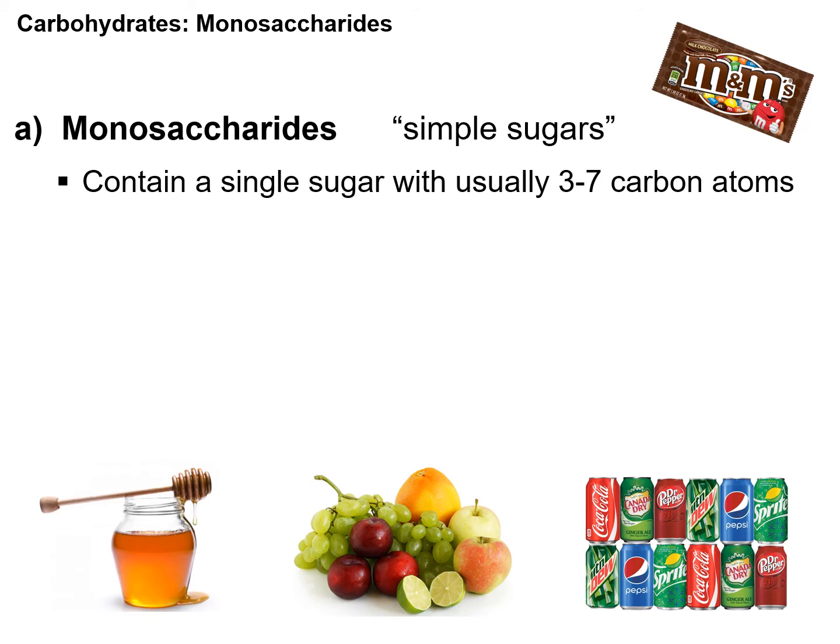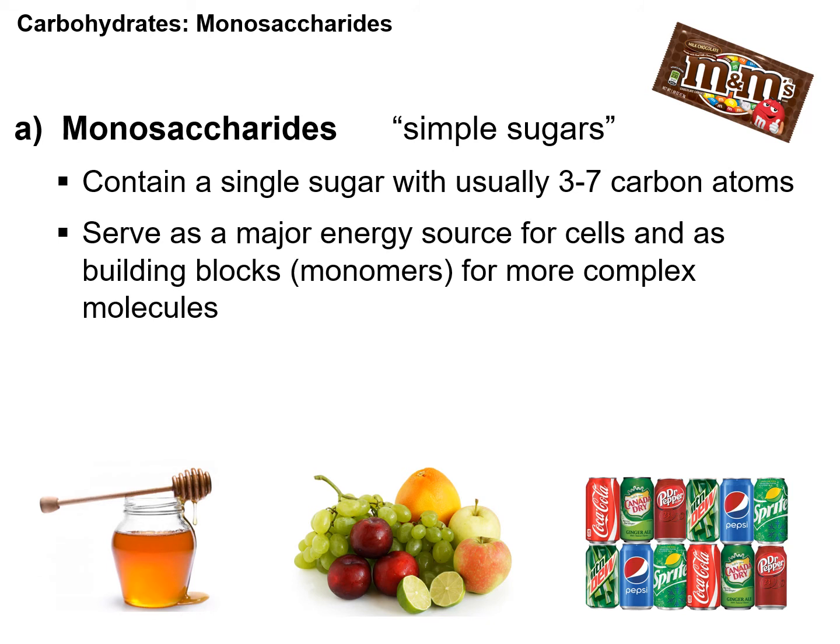These are very tiny sugars and can be used easily for cellular work. Monosaccharides are very important as they serve as a major energy source for cells, as well as functioning as building blocks, or monomers, for more complex molecules.